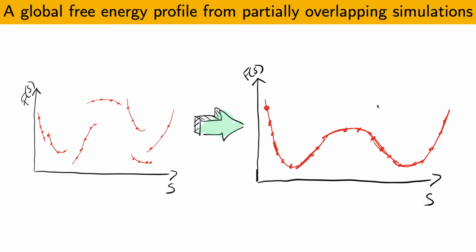And I'm going now to sketch a bit the idea behind WHAM and how it works. The weighted histogram analysis method allows us to obtain a global free energy profile that covers all the configurations sampled in different windows by computing a weighted average of the probability density obtained from every independent simulation.